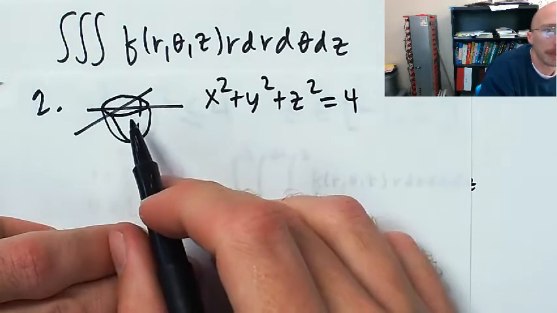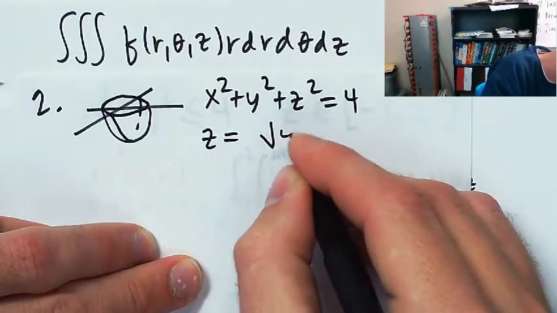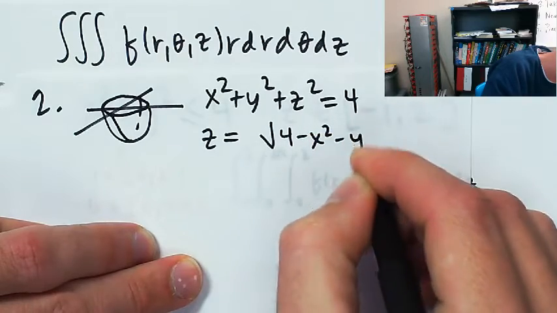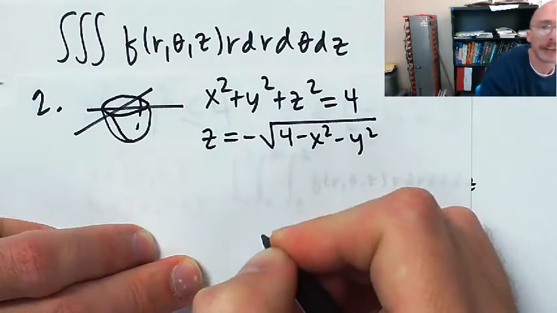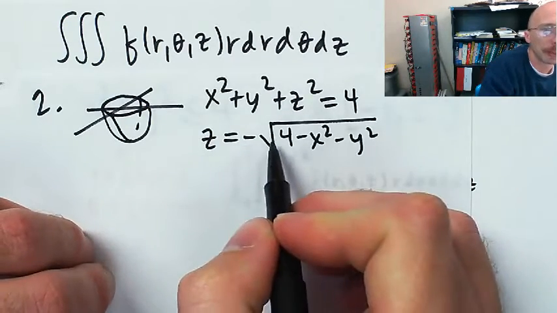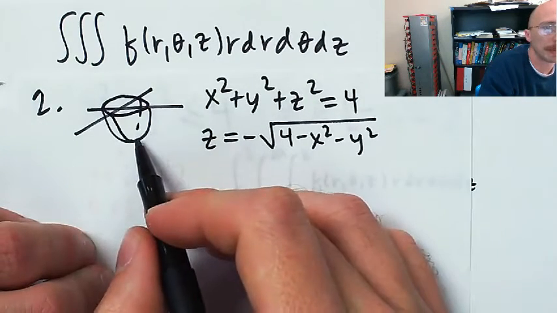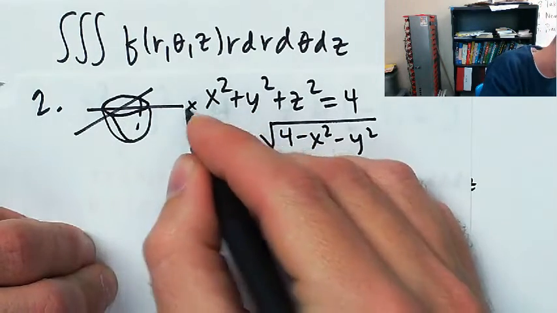If I go to solve for z to get the lower half, I'm going to have z equals the square root of 4 minus x squared minus y squared. Okay, but this is a positive number, and I'm interested in where z is negative, so I take the negative square root. And so I guess this is going to be my lower bound for z. My upper bound will be up here on the xy plane, where z is equal to 0.